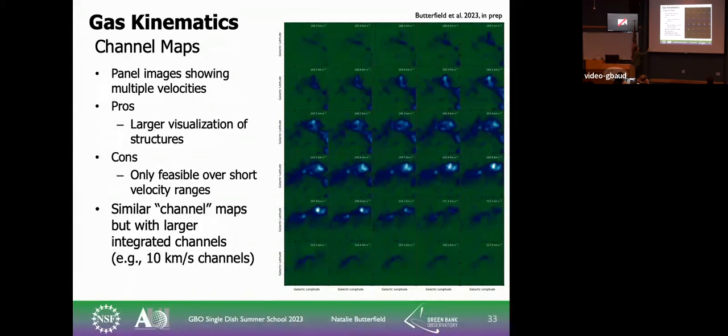You could bin it into 10 kilometer per second channels, doing a moment 0 and having different moment 0 maps where you've integrated your emission over 10 kilometer per second channels in order to get a feasible image like this. So there are different techniques if you have a really wide velocity range for your source. But for the most part, channel maps are feasible if you have shorter emission regions or velocity ranges.